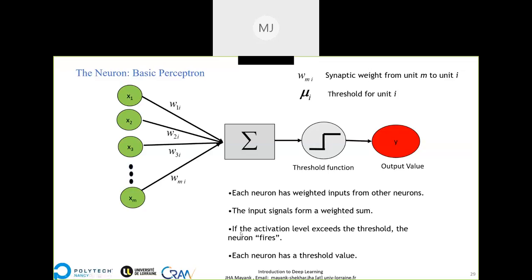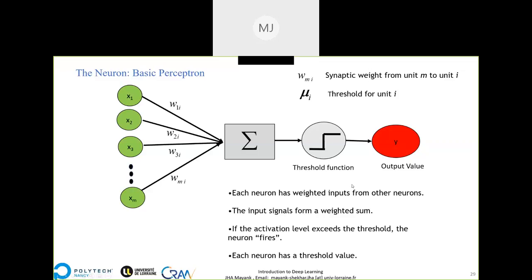It fires, which is basically that if the activation level exceeds the threshold, the neuron fires. And what do I mean by neuron firing? It passes through the threshold function and there is a certain output. Now, of course, the output value should be equal to the real output. The output of the network should match the real output, and that's the whole objective.